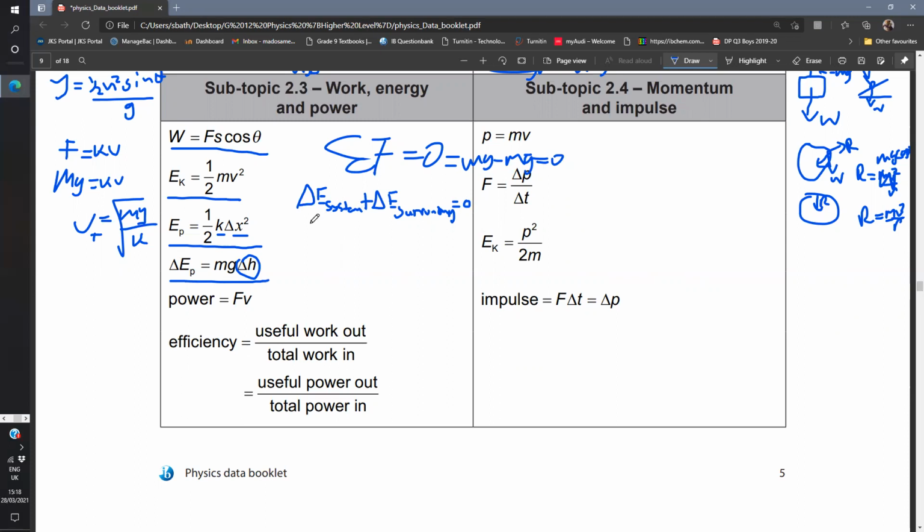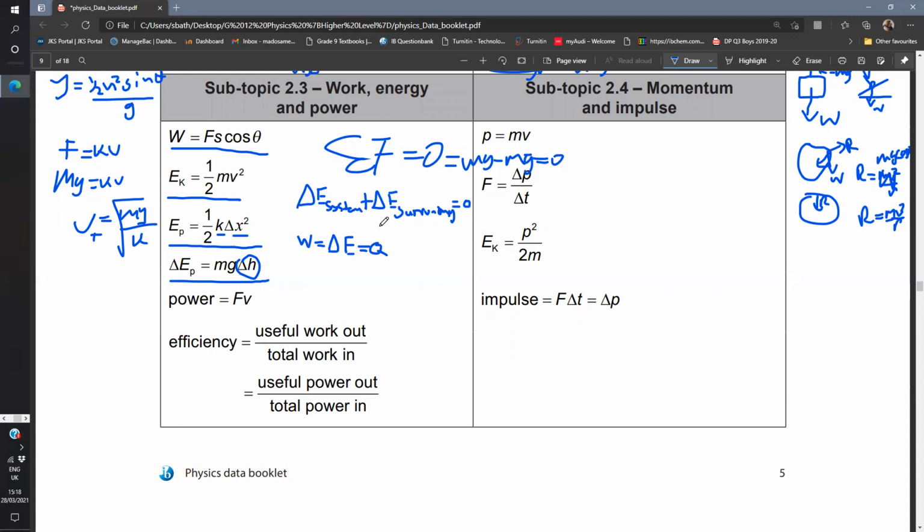And the law of conservation of energy also states that the change in energy is called work. So W is equal to the change in energy. And there's also Q, which is the transfer of heat energy. And we'll take this in topic 3 later on.